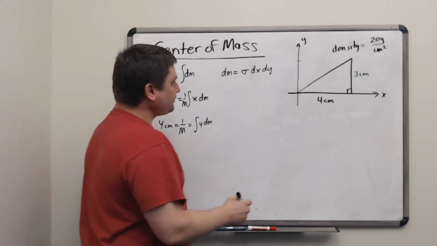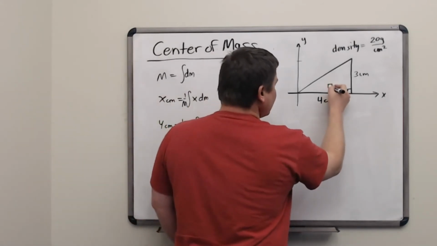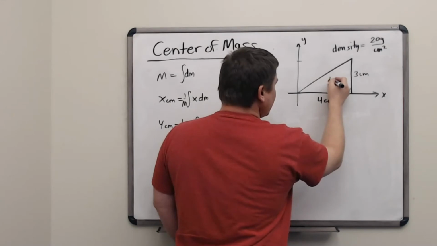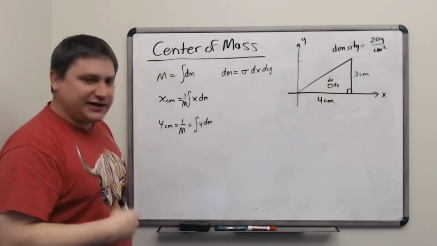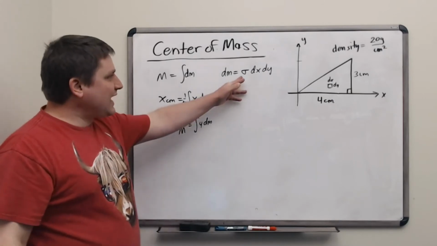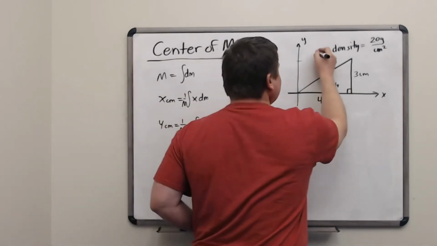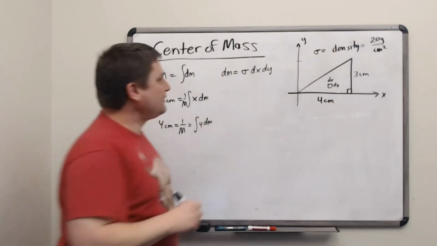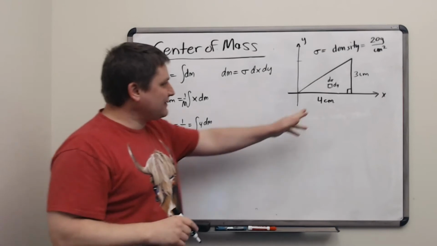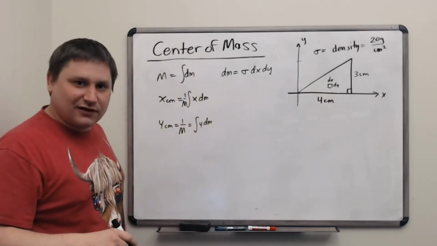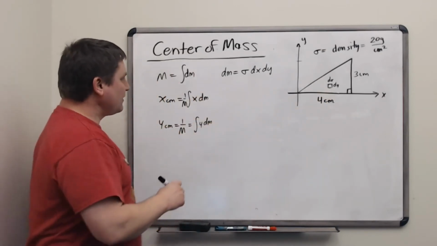So our small area on the object will have an area of dx dy. The density at that point is a constant. We'll call it sigma. It's equal to that 20 grams per square centimeter. And so that's our expression for dm. The dm is the amount of mass in a little infinitesimal chunk. All right?